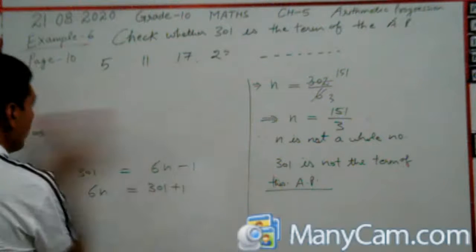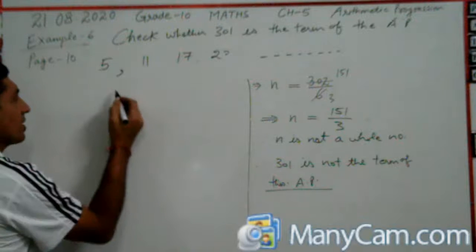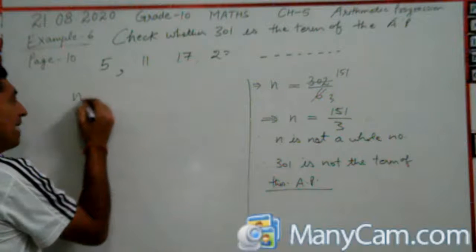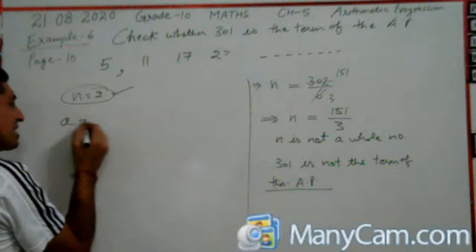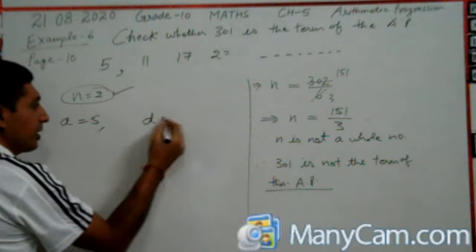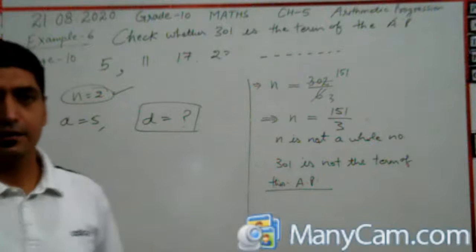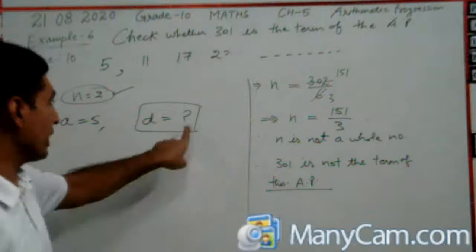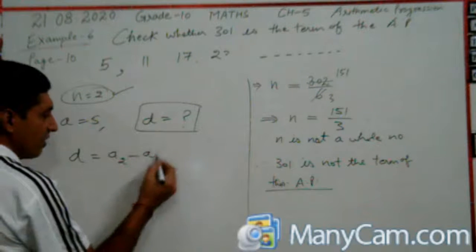When we are talking about any AP as a list of numbers, the minimum n should be 2. Then we will discuss why, because a is 5, and if we are not able to discuss what is d, right? How did we come to know d? d is at least a2 minus a1.